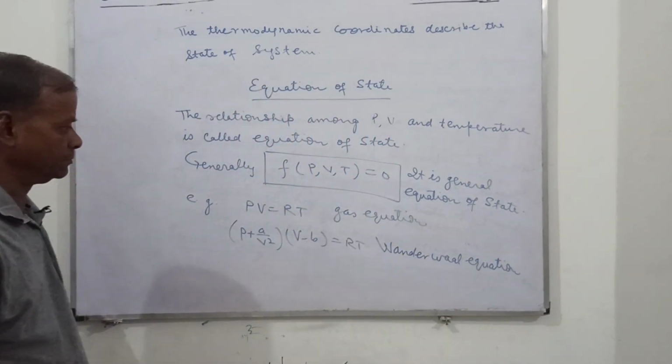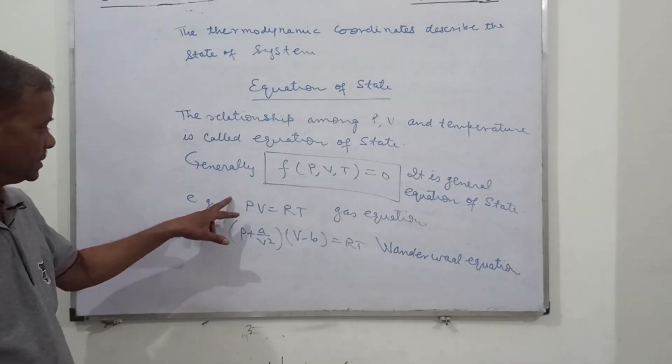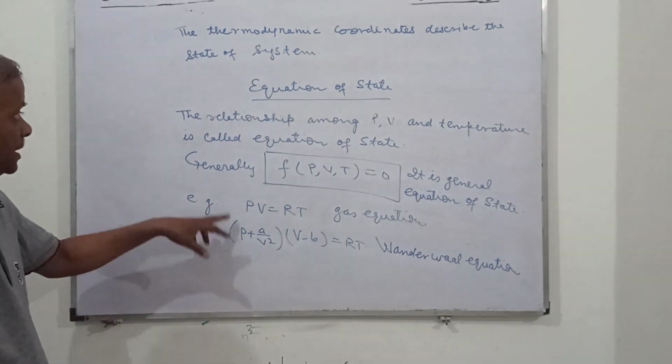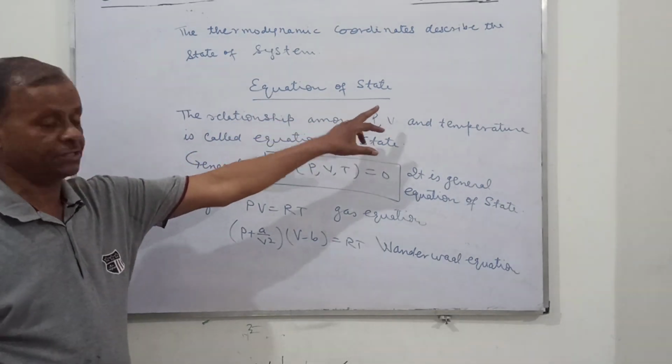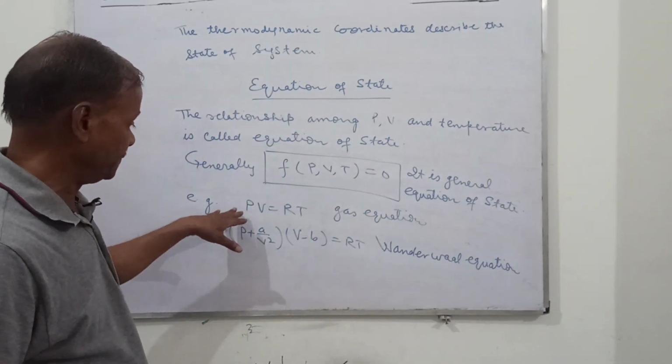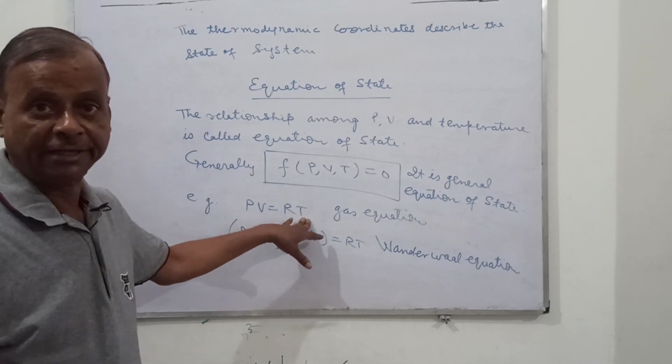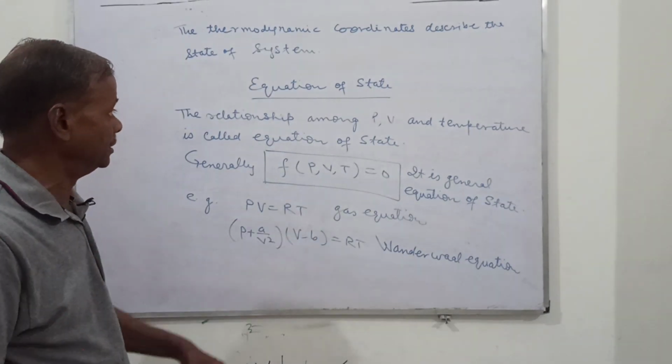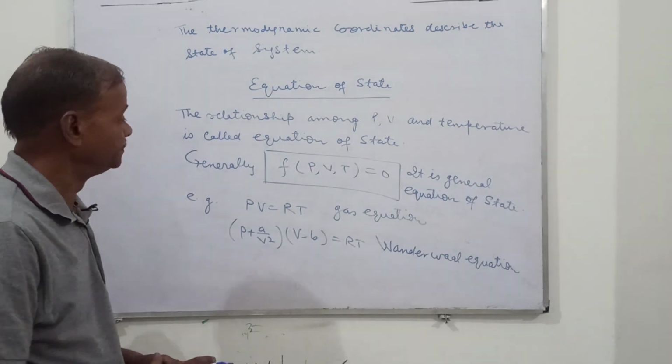These are called equations of state of the system. They always describe the relationship between pressure, volume and temperature. This is called the equation of state.